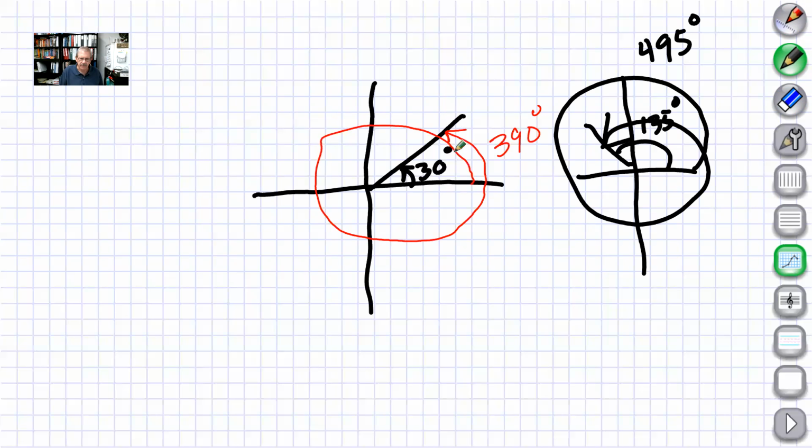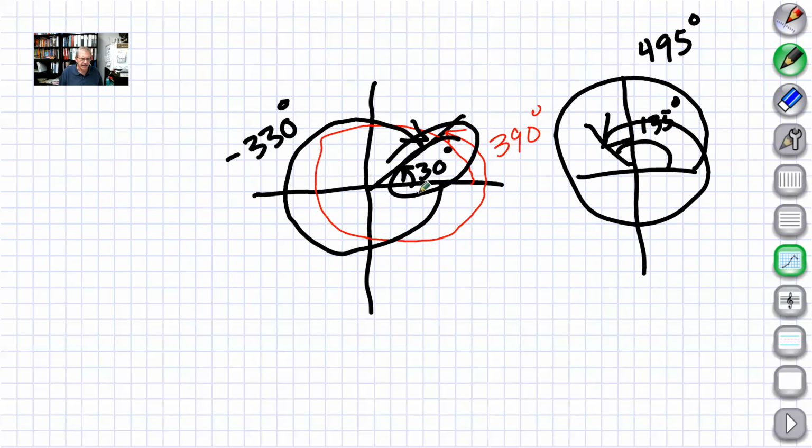We could also have this angle go around this way, and then this would have been a negative 330 degree angle. So angles can be measured various ways, but the best angle we want is the one that's the smallest and positive. Sometimes we have to deal with negative angles, but we really don't want them.